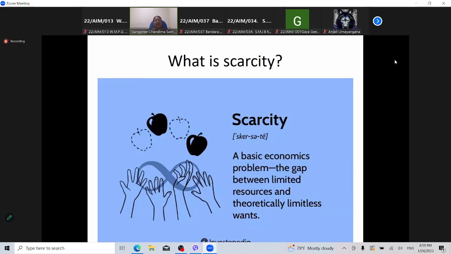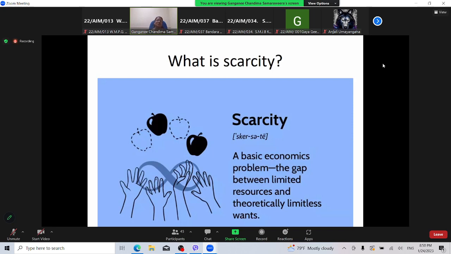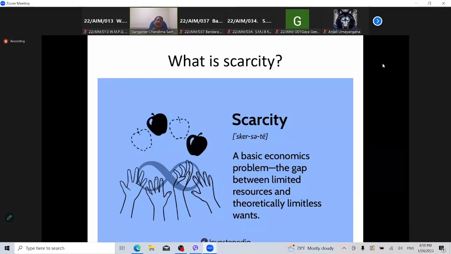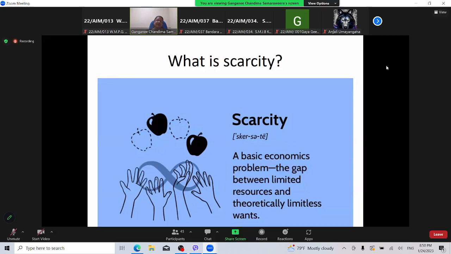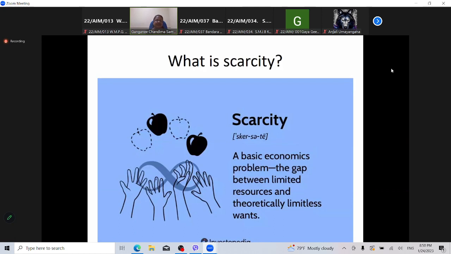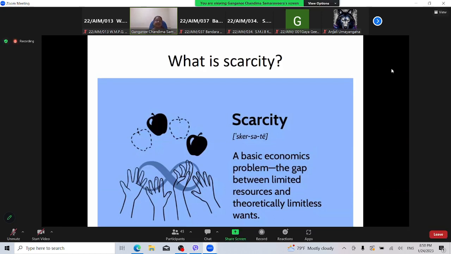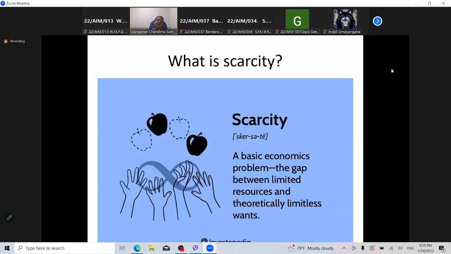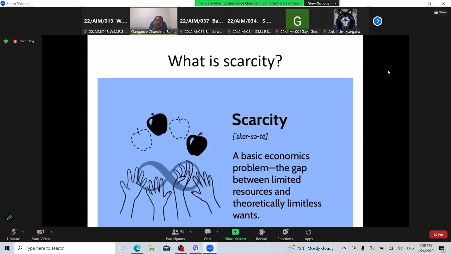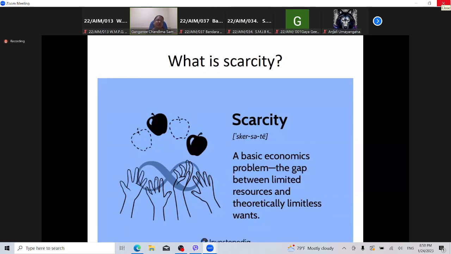Sometimes we have a one-story house, then we say no, I want two stories. Then I want to make it with AC. Then different facilities you like to get. So that's why we have limitless wants.